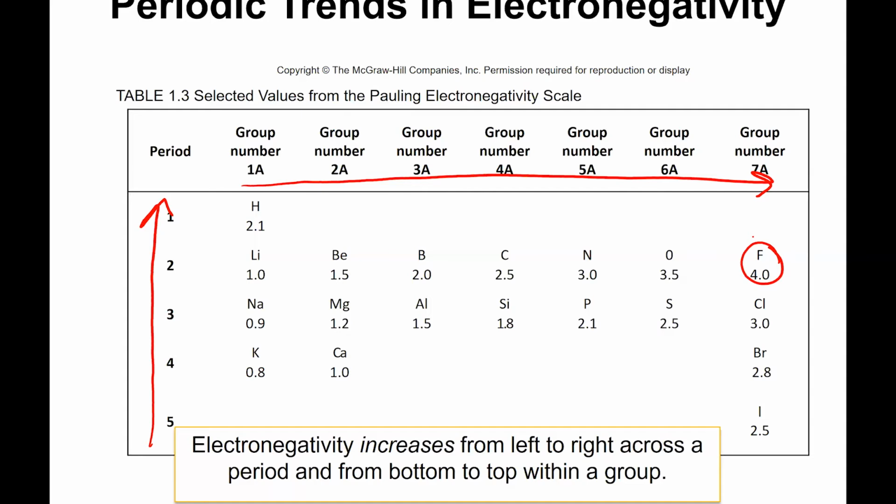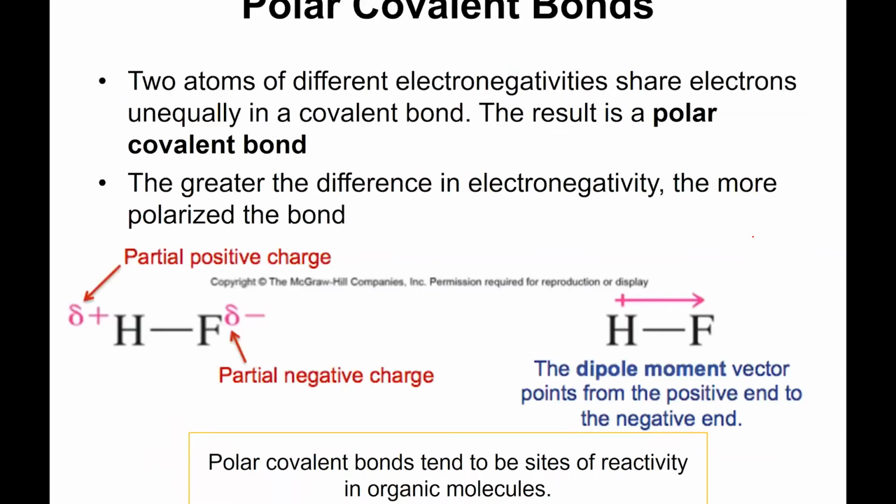And as you go down, you lose electronegativity. So when you have two atoms with different electronegativities, they're going to share electrons unequally. Even if they're forming a covalent bond and they're sharing, this results in a polar covalent bond.